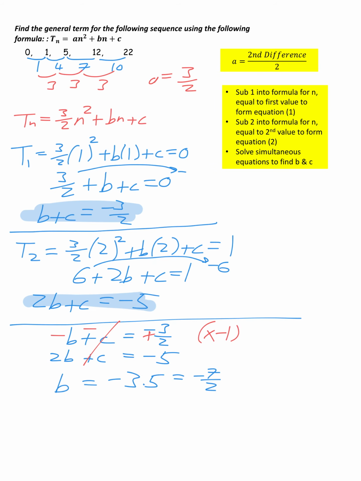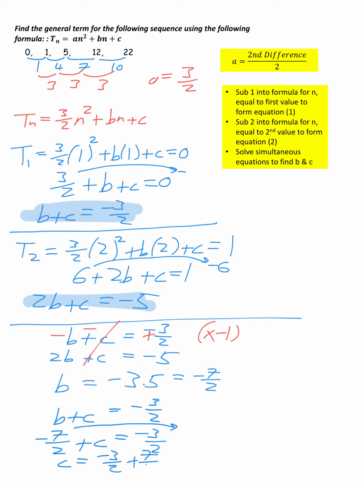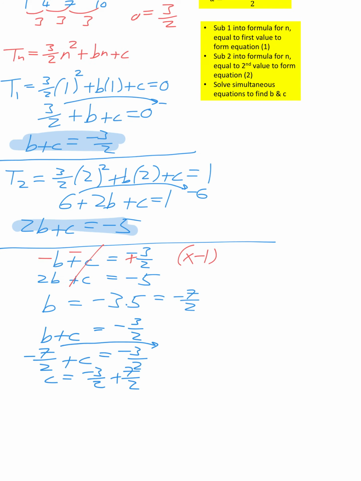So let's sub that now into one of the originals to find out what c is. So I'll do b plus c equals minus 3 over 2. So then we have minus 7 over 2 plus c is equal to minus 3 over 2. So then c is equal to minus 3 over 2. Bring this to the other side, it'll become plus, so plus 7 over 2. And that'll be equal to 2.